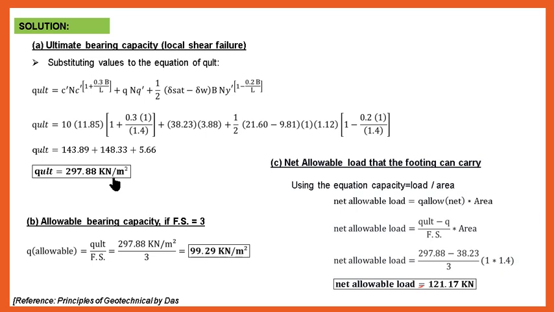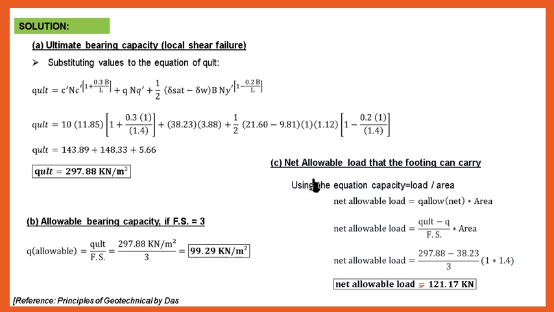Okay? So, the second thing we are looking for is the allowable bearing capacity if our factor of safety is 3. You just have to equate our equation, ultimate bearing capacity over factor of safety. This is equal to 99.29 kilonewton per meter squared.